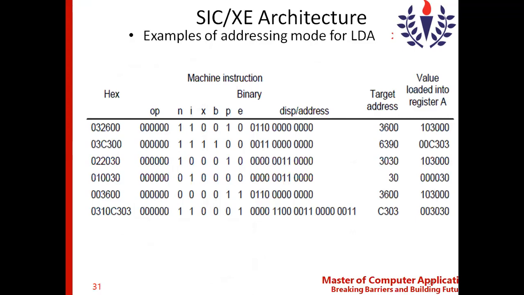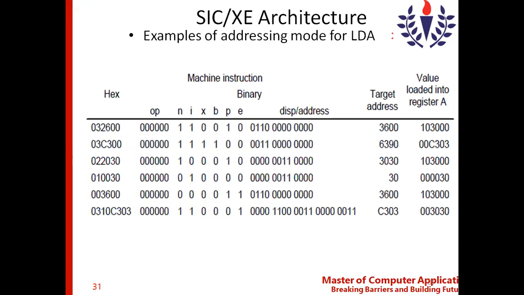Coming to the E bit, it is 0. If the E bit is 0, it is format 3. Since it is format 3, it follows relative addressing. There are two types of relative addressing we have: one is program counter and the other one is base relative.